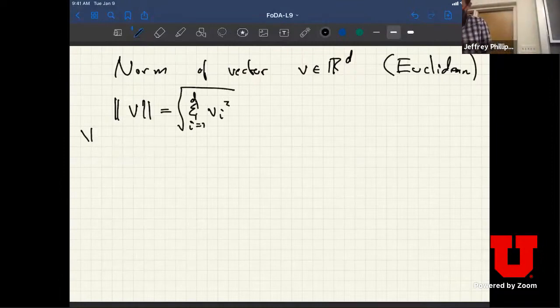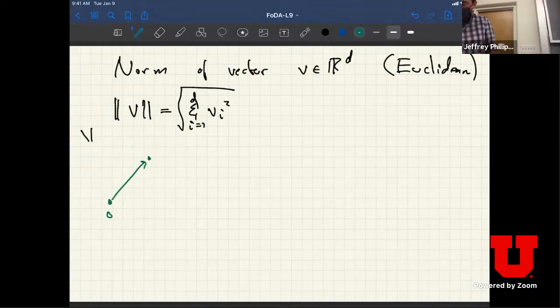You're probably familiar with the Pythagorean theorem, right? Maybe that picture is jumping ahead a little bit. Let's draw it this way. Let's say this is the 0 vector.